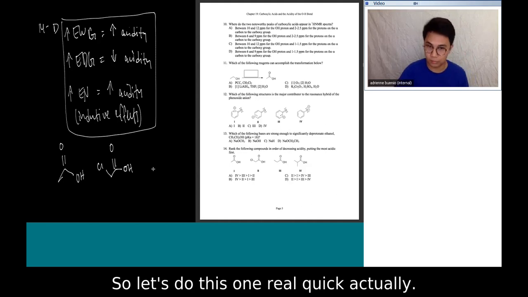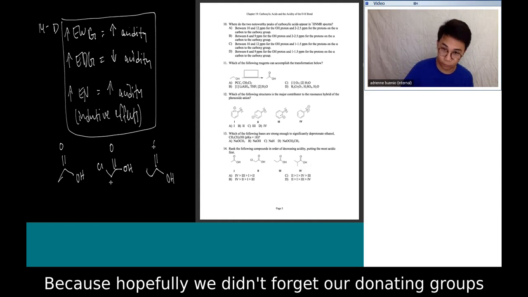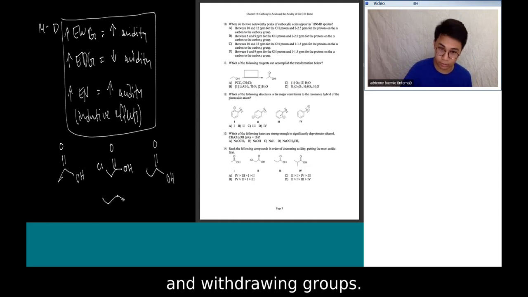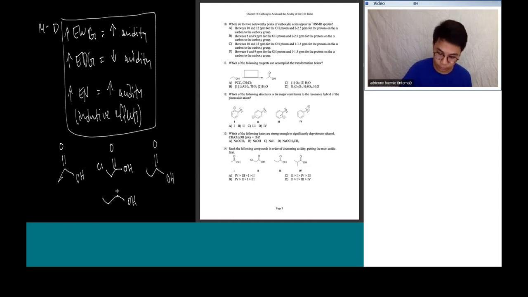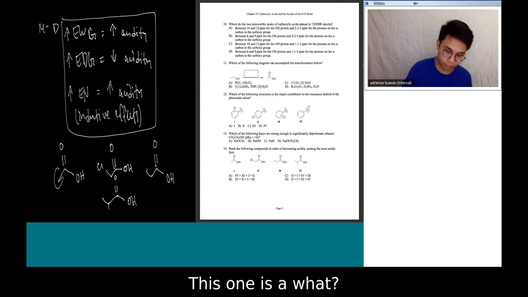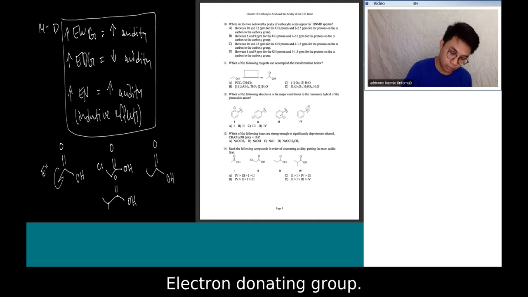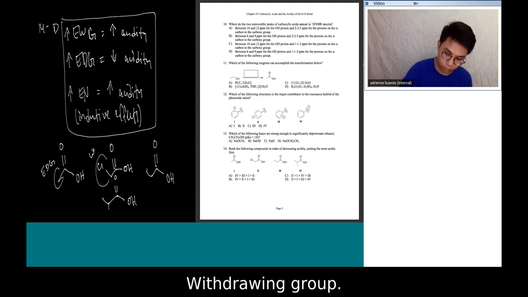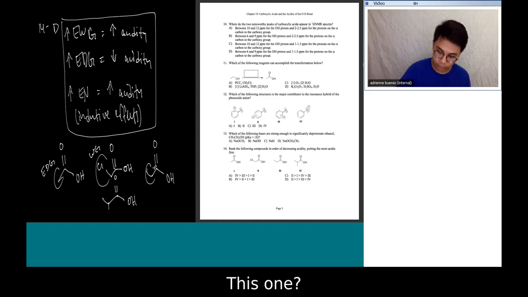So let's do this one real quick, actually, because hopefully we didn't forget our donating groups and withdrawing groups, right? Okay, this one is a what? Electron donating group. This one, withdrawing group. This one, donating group. This one, donating group.